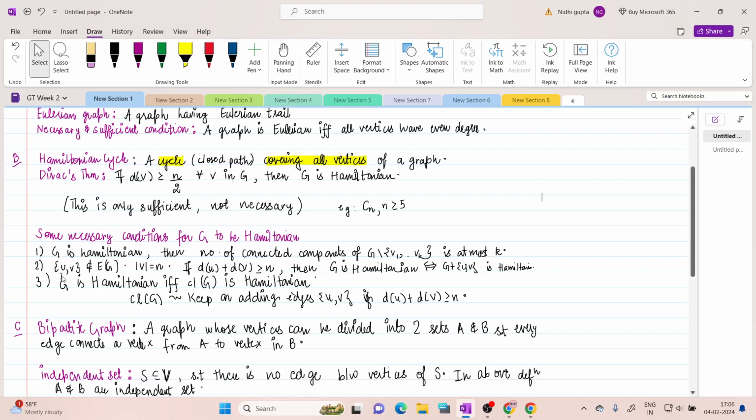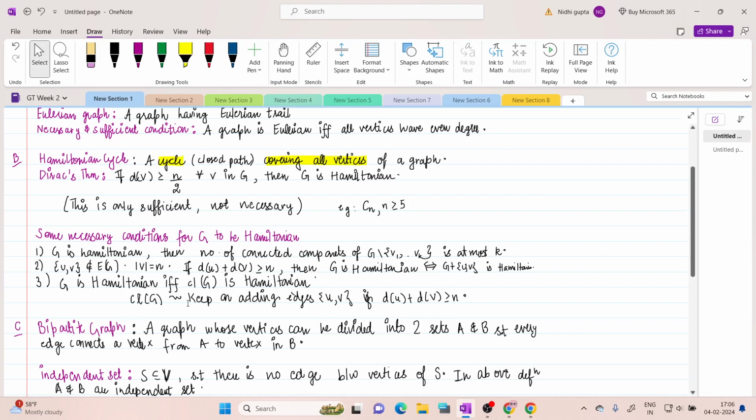Then there's another theorem: if uv is not an edge of a graph, and if the degree of u plus the degree of v is greater than or equal to n, then G will be Hamiltonian if and only if G plus uv is Hamiltonian. And the last one is that G is Hamiltonian if and only if CL(G), the closure of the graph, is Hamiltonian.